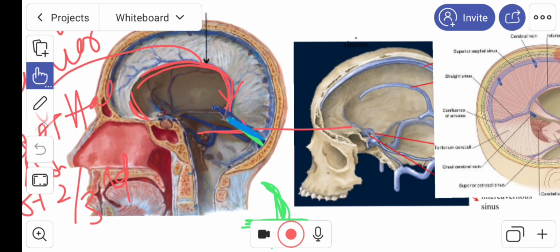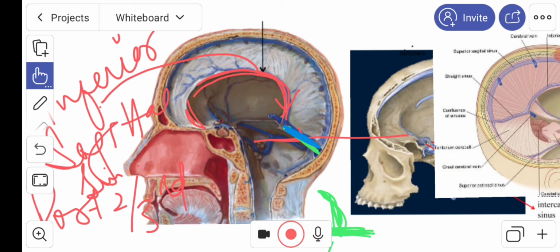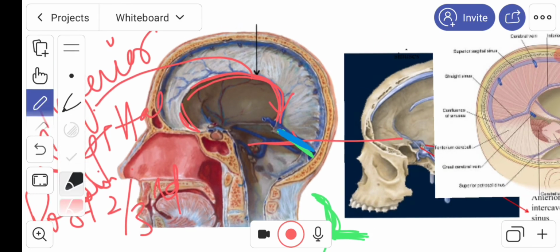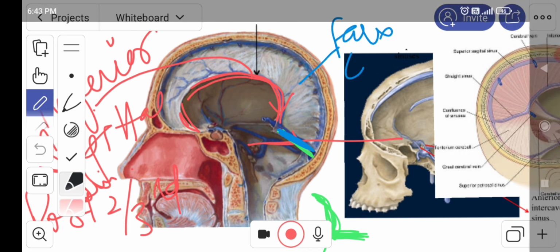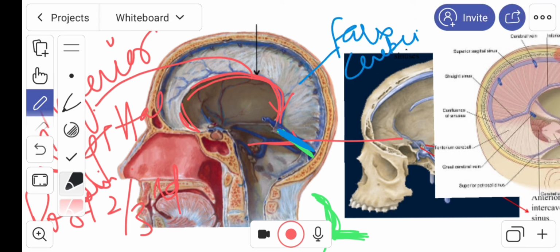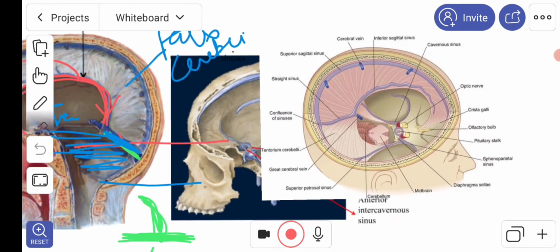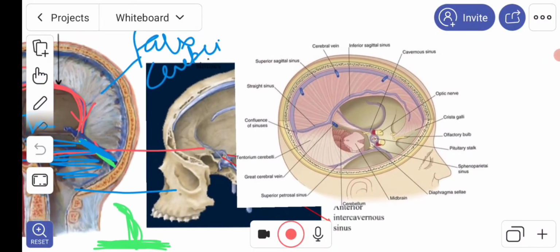This one is the falx cerebri, and here is a horizontal partition, that is the tentorium cerebri, and the straight sinus lies within the junction of the two.